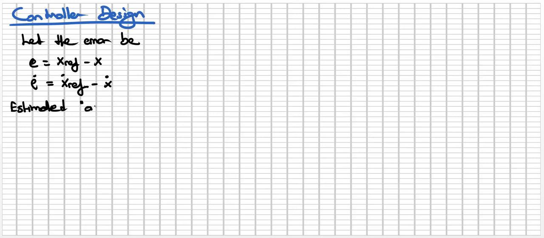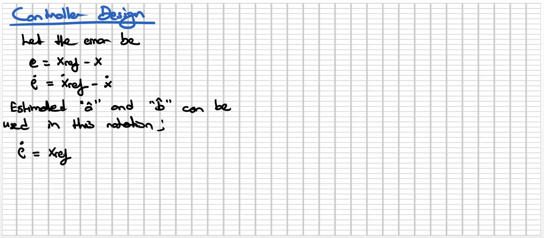A hat and B hat should be used in this form, because in this notation we only obtain these values. We don't know the physical parameters of A and B, but we have in the microprocessor, in the algorithms, the A hat and B hat values, okay? And so E dot is equal to what?